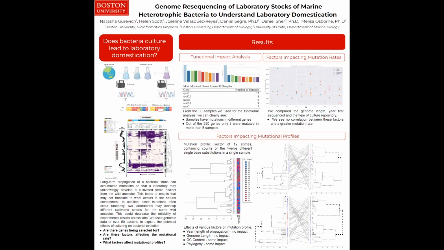The main genes shared across the samples seem to be rpoB and rpoC, and they were the most frequently mutated. The estimated time of lab propagation and mode of sample storage did not correlate with mutational patterns, while phylogenetic relationships among samples and GC content did. These results provide a further understanding of what factors influence bacterial mutation within the laboratory, as well as which types of mutation are commonly occurring.